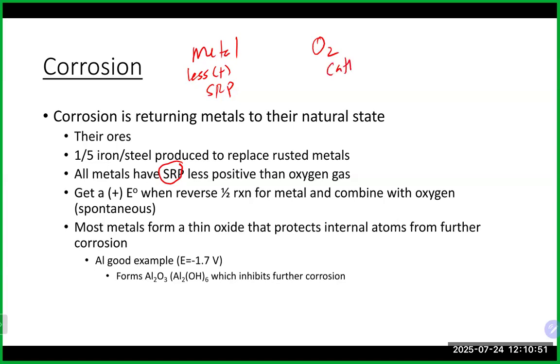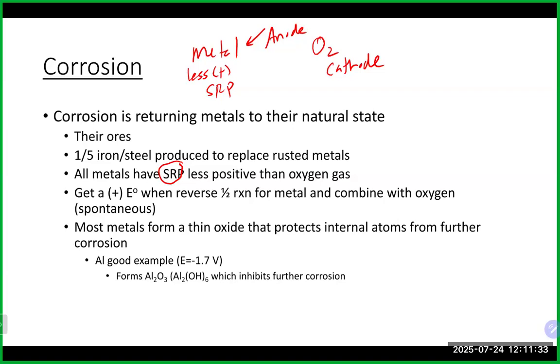So in this case, the oxygen would be our cathode, and our anode would actually be the metal, which is going to cause the metal to spontaneously go through oxidation and corrosion. So metals that have a less positive SRP value than oxygen are very susceptible to corrosion because you're going to create a spontaneous galvanic cell where the metal will be your anode and go through that oxidation process.